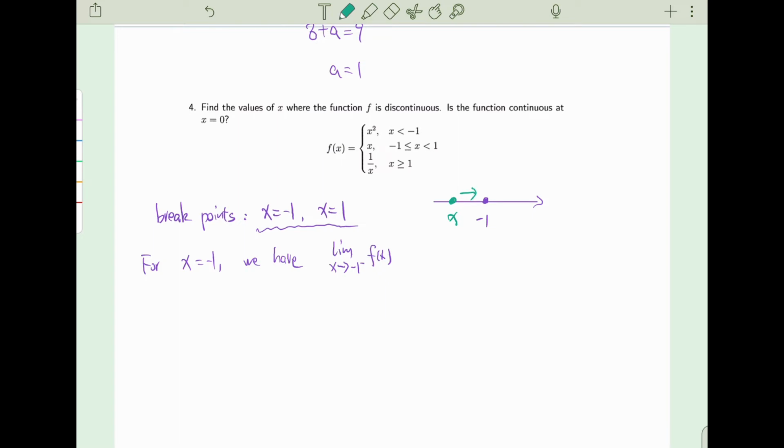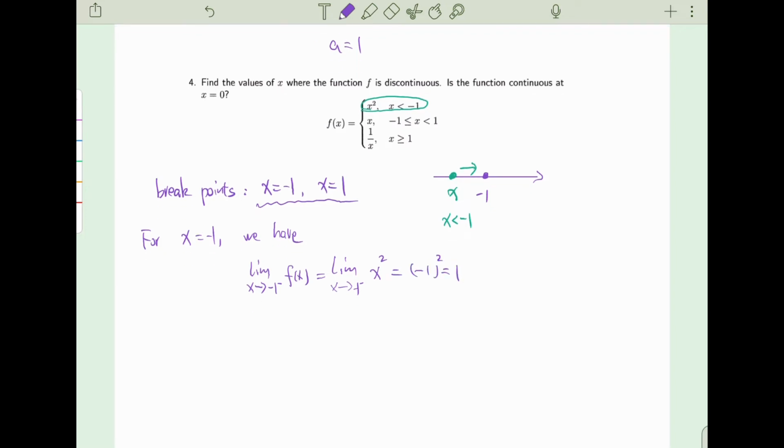So you see that the green x is less than -1. Less than -1, you're gonna choose this expression, okay? So this one here, it's gonna be the limit as x goes to -1 of minus x squared, okay? And now plug in, it becomes minus (-1) squared, which is -1. So that is just the left limit.